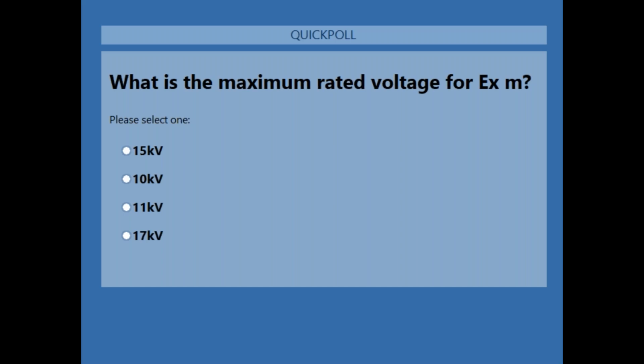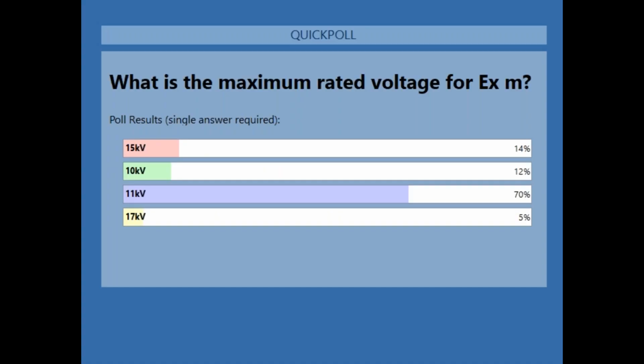So 60% voted. If we could get a few more, give another 10 or 20 seconds. Okay, I'll share that. So everybody, the correct answer is the maximum voltage is 11 kV.